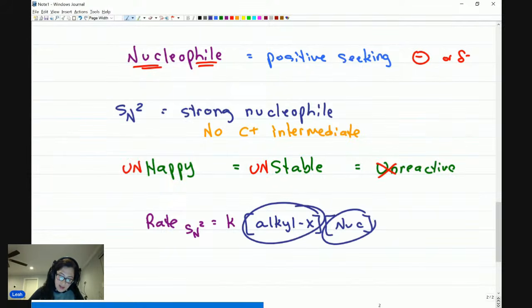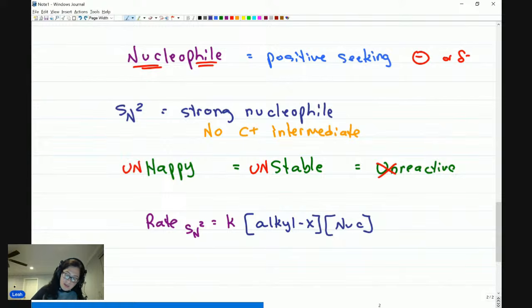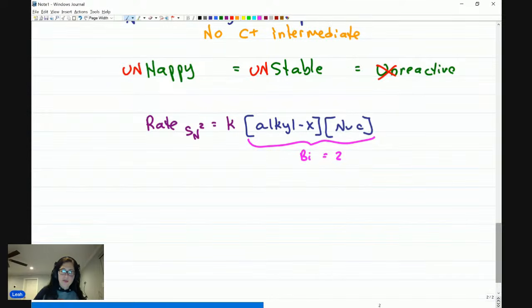The alkyl halide and the nucleophile, molecule 1, molecule 2, this is what makes the reaction bimolecular. This is the bi, and that's how we get the 2. Let me know if this finally makes sense, if this is finally clear about what the heck is going on with the SN2 reaction. And then I will give you some more information to hopefully help it be even more clear.